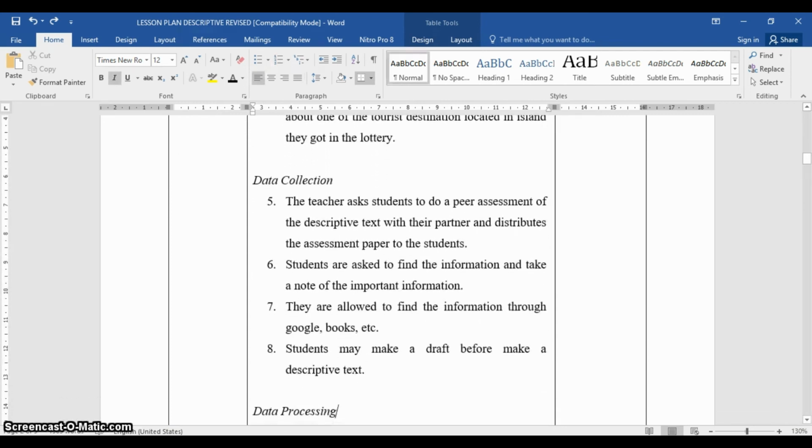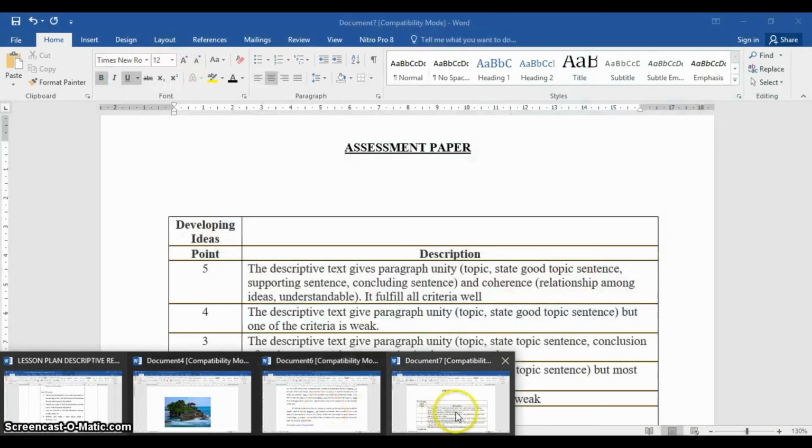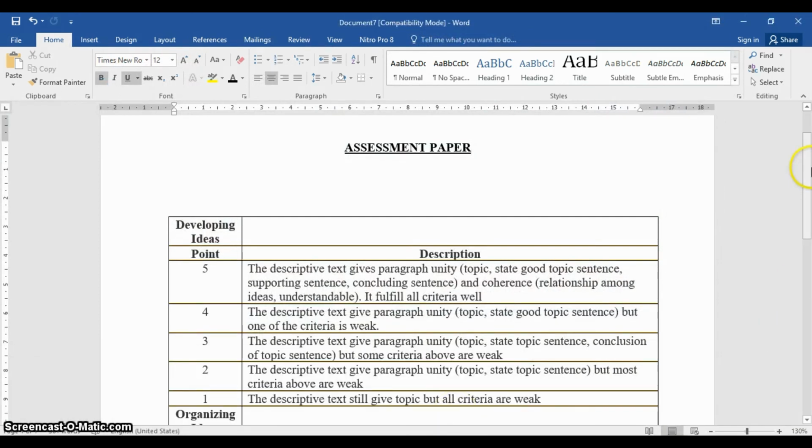In collecting the data, the teacher asks students to do a peer assessment of the descriptive text with their partner and distributes the assessment paper to the students. And here is the assessment paper.